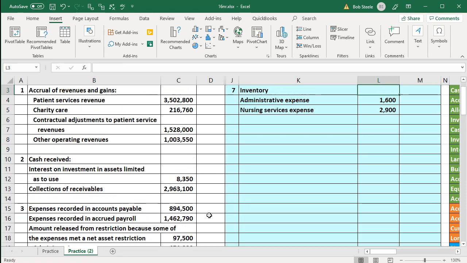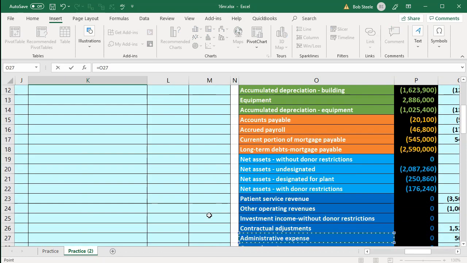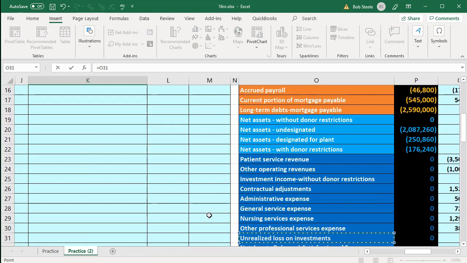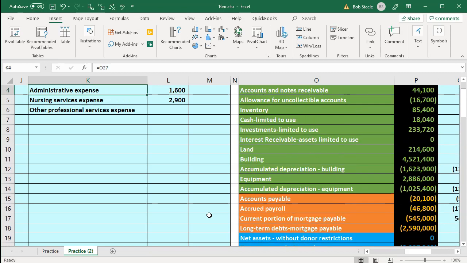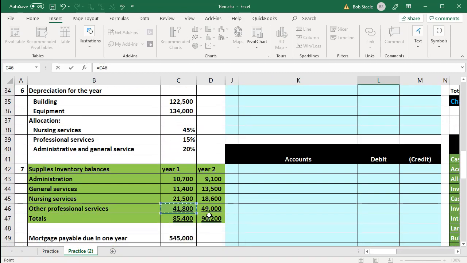So that's going to be the nursing. Then we're going to pick up the other professional services. And we're going to do the same kind of formula, equals in L6, scrolling back down, picking up the difference in the other professional.